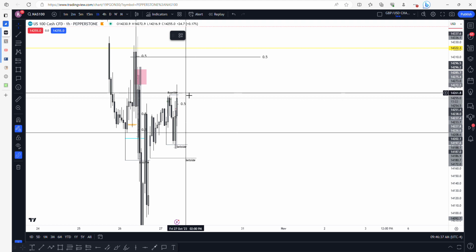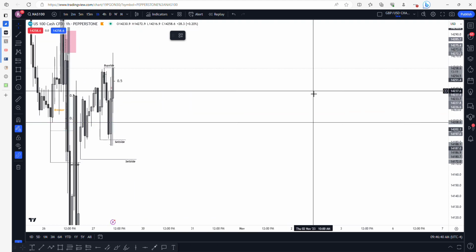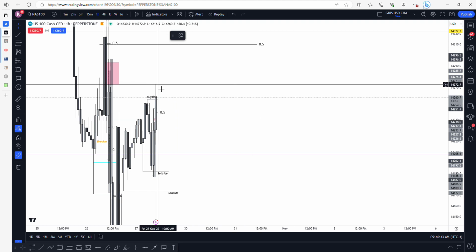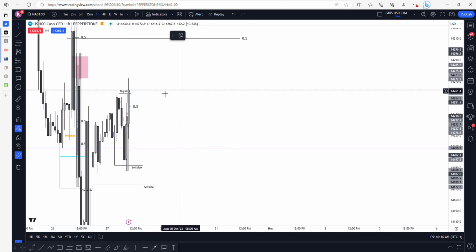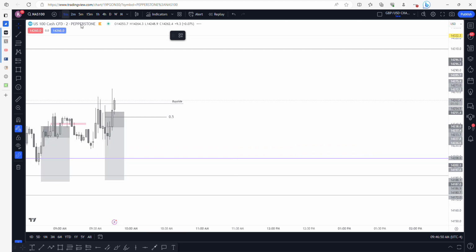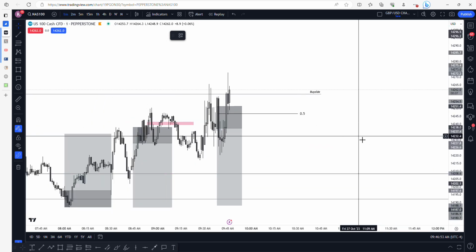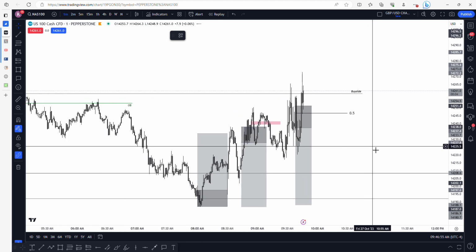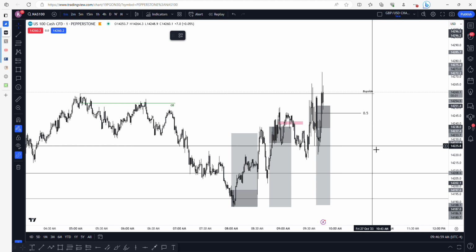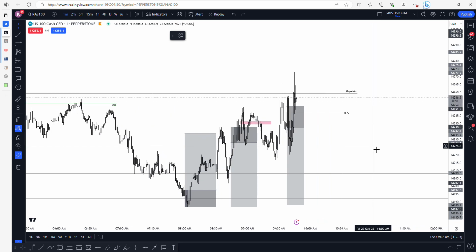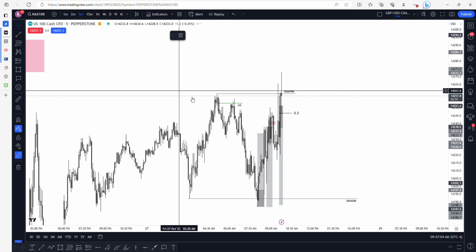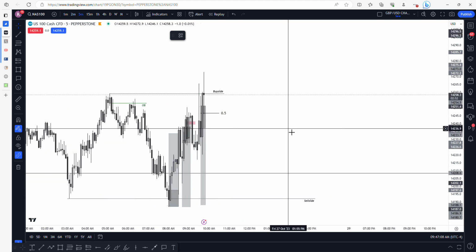Fresh has a nice wick up there, to the upside in this 9 a.m. candle. Yeah, I wouldn't be expecting price to come and take out 9 a.m. high. Guess we did take out this black side right here. Let me take this off.